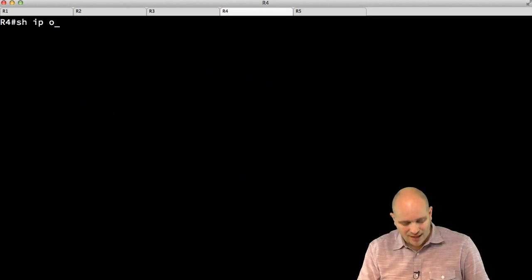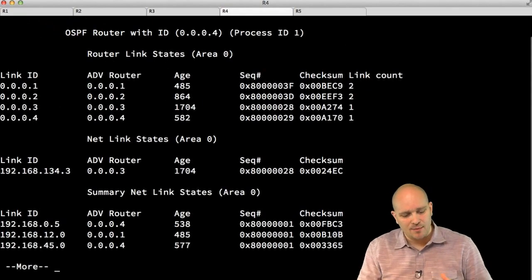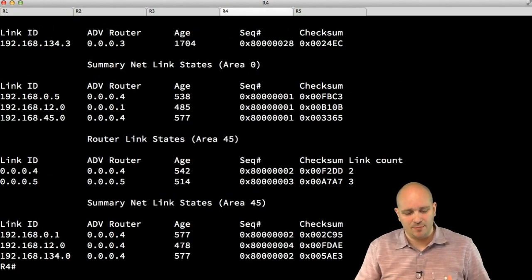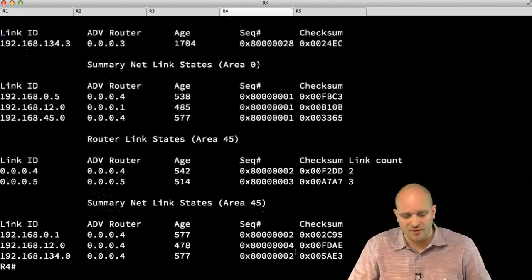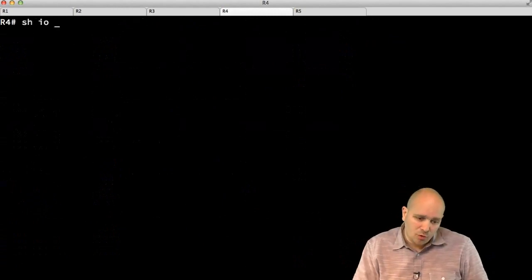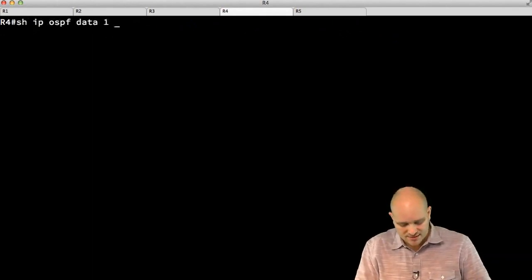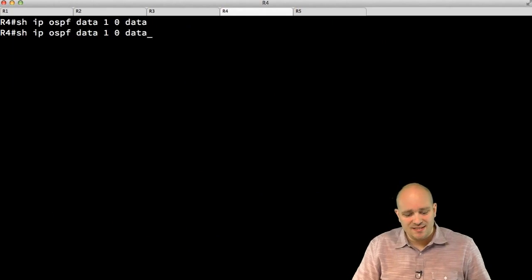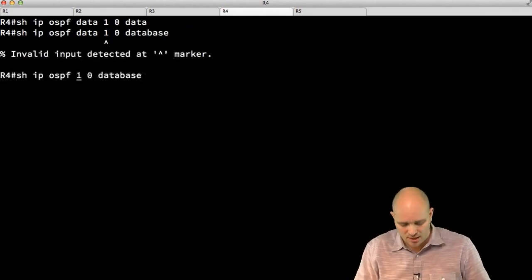But if I take a look at show ip ospf database, so I'm going to just look at the summarized information of the database, I'm going to get now a lot more output because now I have the database for area 0 and for area 45. Let's take a look at just the database for area 0. The command to do that would be show ip ospf 1 0 database.